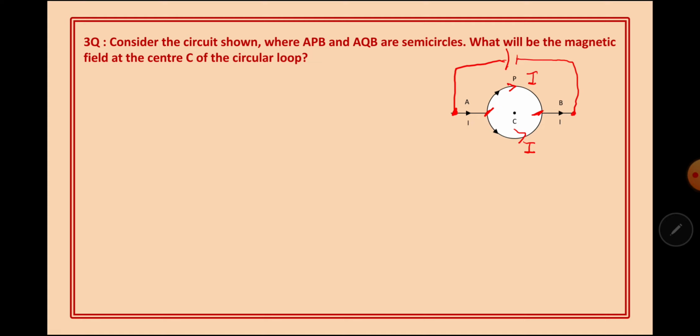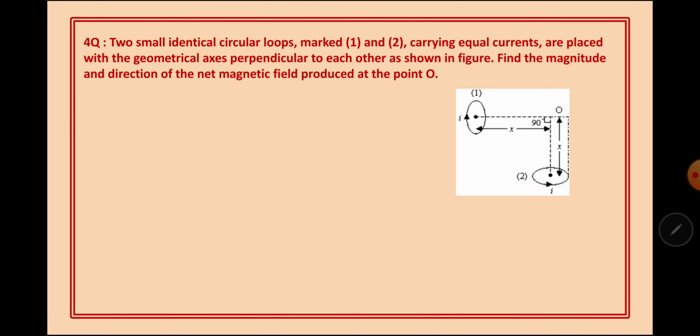However, due to their different orientation, the direction of field will be opposite. One field will be in the perpendicular outward direction, the other in the perpendicular inward direction. The resultant will turn out to be 0, just like we have seen in the previous case. So you will be able to easily solve this question. I'm leaving this for you. So let's move on to the next question.